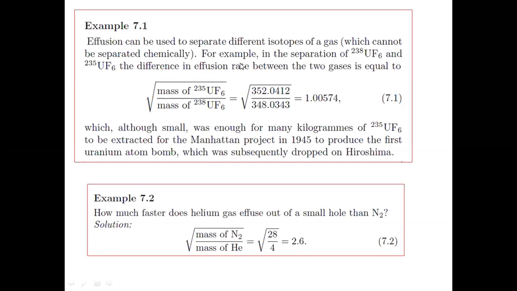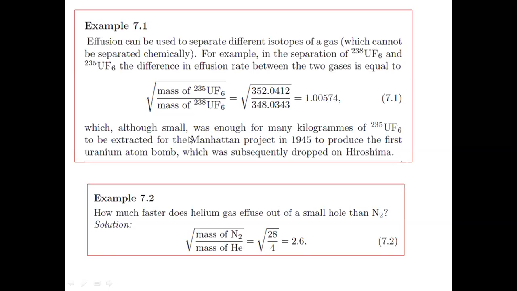For example, in the separation of uranium hexafluoride UF6 238 and UF6 235, the difference in effusion rate between the two gases is equal to the square root of the mass of UF6 238 over the mass of UF6 235, which is approximately 1.00574.